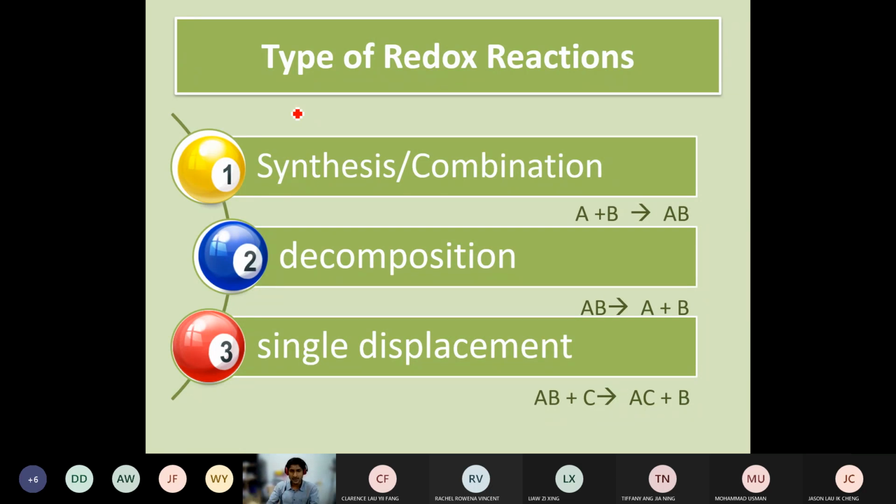It is in fact in the chapter of chemistry on reactions. The only exceptional thing for redox reactions is that the oxidation state will change from reactant to product. When they form the product, the oxidation state will be changing.